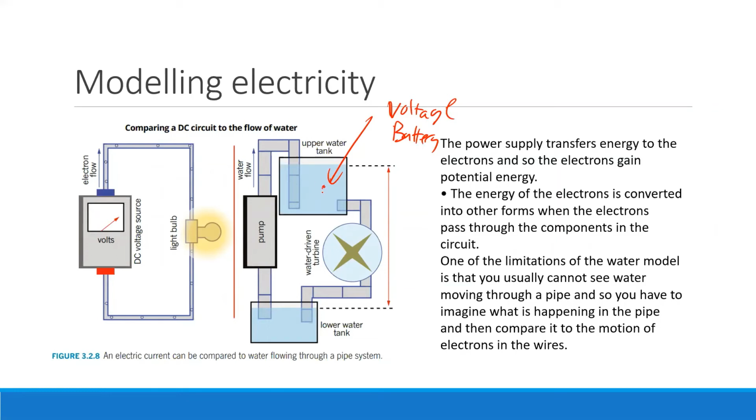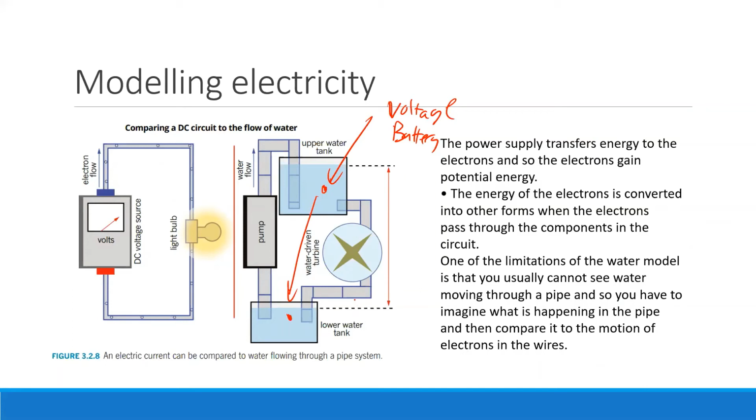It really wants to go from here down to this lower tank, for the same reason the apple wants to fall to the ground. If you have a cup of water and you turn it upside down, that water will spill out because it wants to go down in the gravitational field. It wants to get back down. Now we could just spill this water out of the tank and watch it go towards the bottom tank.